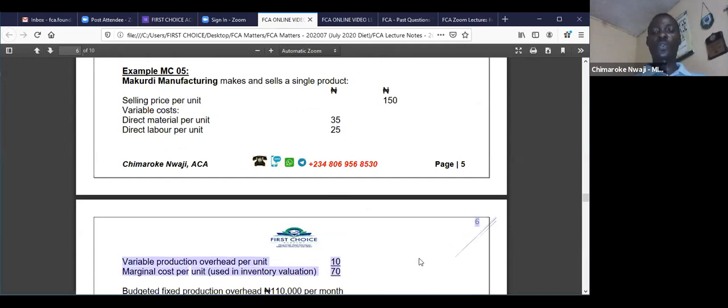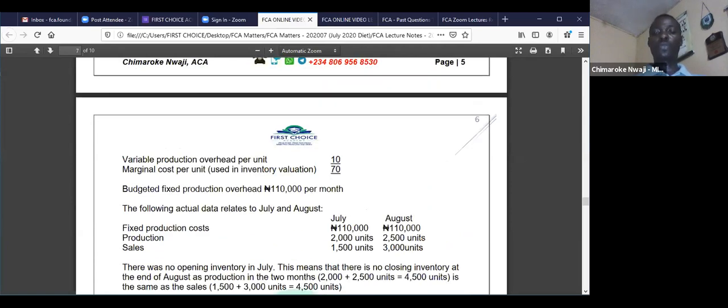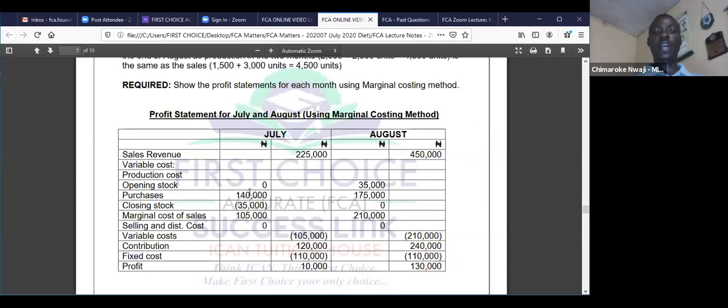So we produce 2,000, and we say 70 naira multiplied by 2,000 units. It gives me 140,000 here, which is our production or purchases.